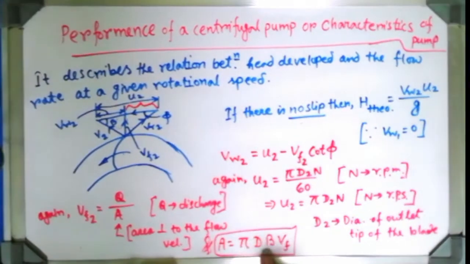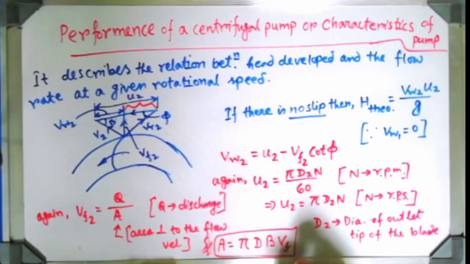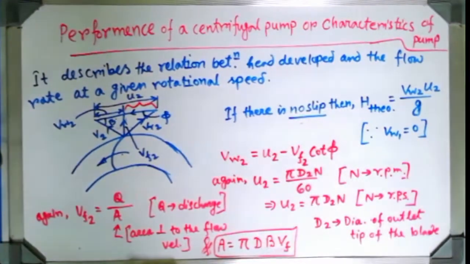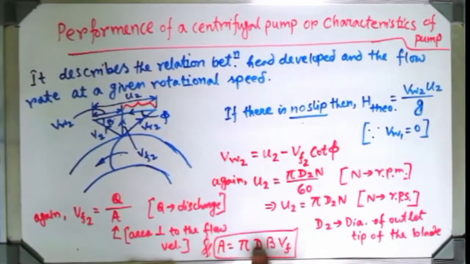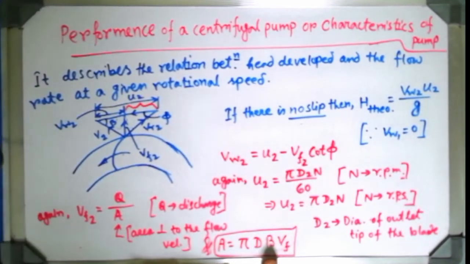This is that area, pi into d into b. B is the width of the blade, Vf is the velocity of flow, and d is the diameter. It can be internal diameter, it can be external diameter. That means it can be d1 as well as it can be d2. This formula already we have used in case of Francis turbine.